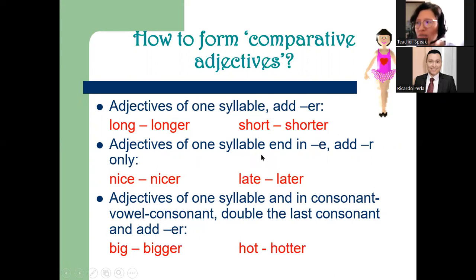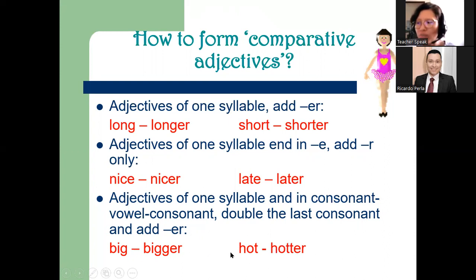And when we have one-syllable adjectives that end in the letter E, we add R only, like nice, nicer, late, later. But when we have one syllable and, as you were saying before, Ricardo, consonant, vowel, consonant, we double the last consonant, like in big and hot, and after that we add ER.